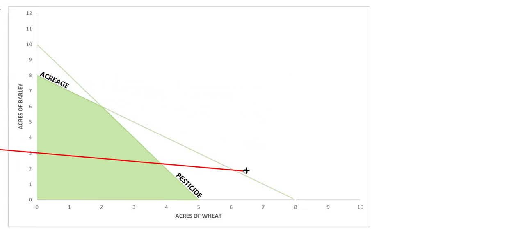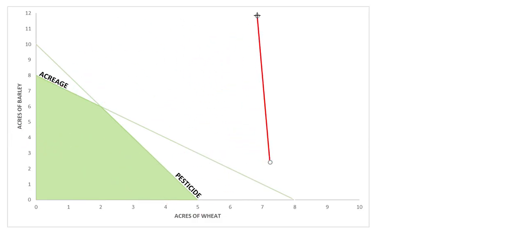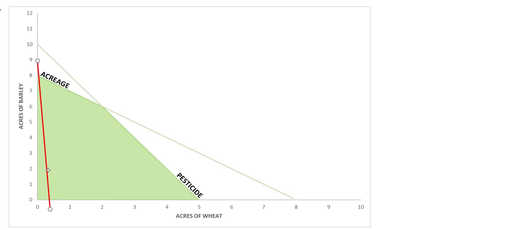Similarly, if that slope was even more aggressive, if the slope was something more like this, again, after we graph that function and slide that line sideways, what we would find is that this would now be our optimal solution point, the point at which our pesticide constraint intersects with the x-axis.